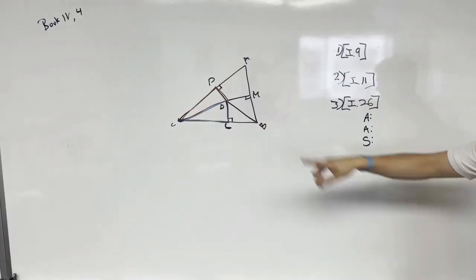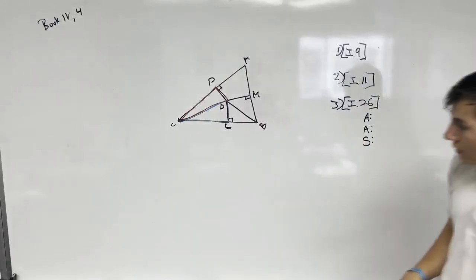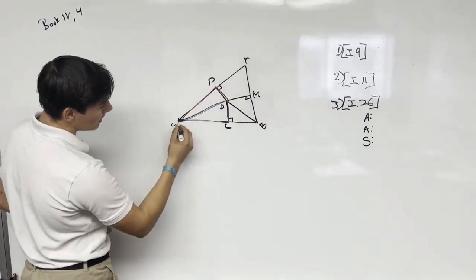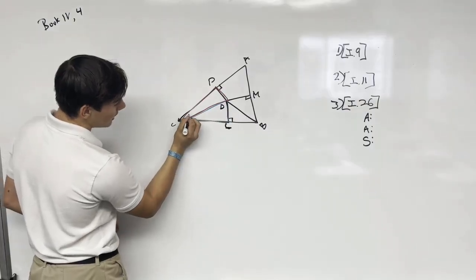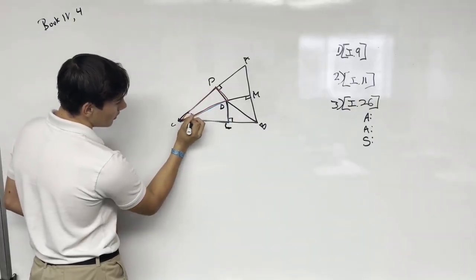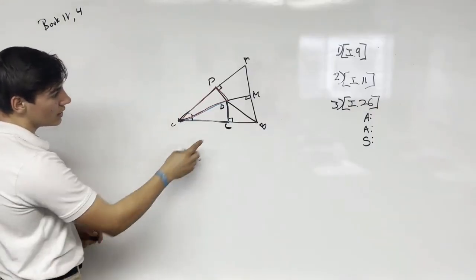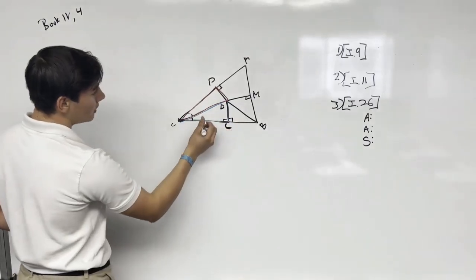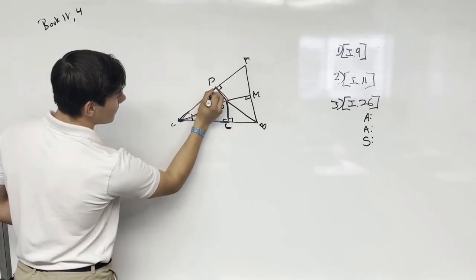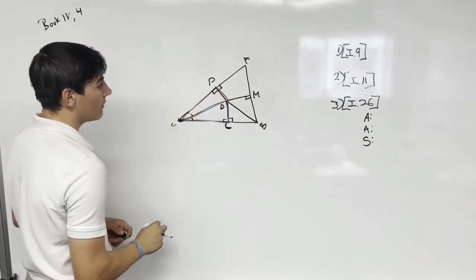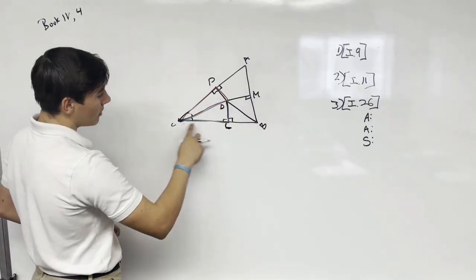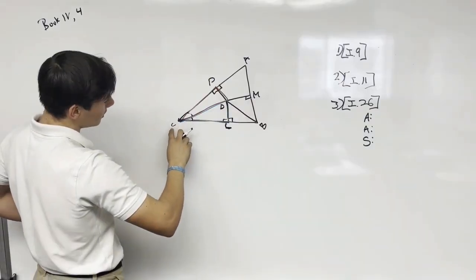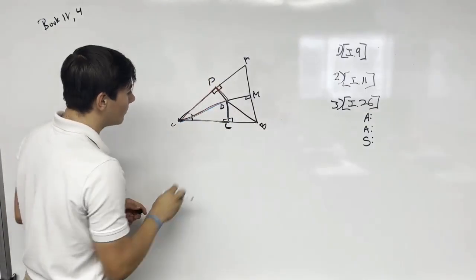And here we can see that in these 2 triangles, we have angle CDP equal to angle CDL, since we bisected the big angle C. And then we also see that we have this angle here, DLC, equal to this angle, DPC, because we made, with Book 1, Prop 11, DL perpendicular to CB and DP perpendicular to CA, meaning that the angles are right.